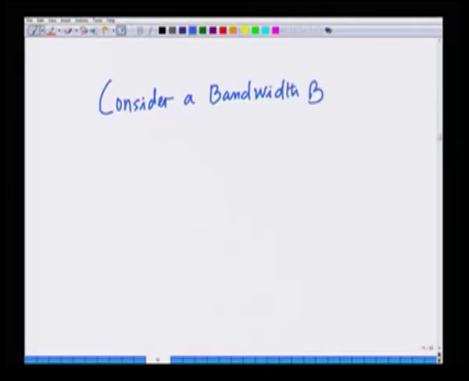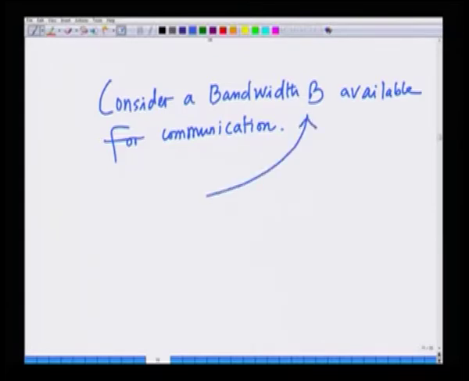When I say a bandwidth B, I am considering the two-sided bandwidth that is available in a traditional communication system.